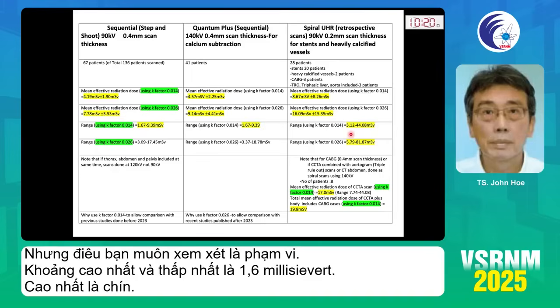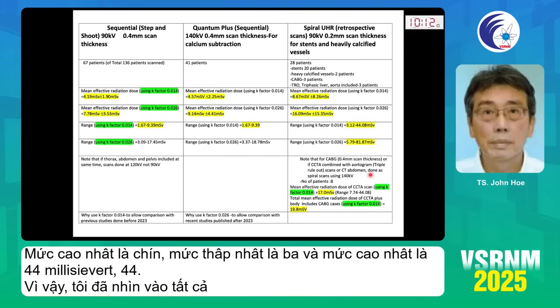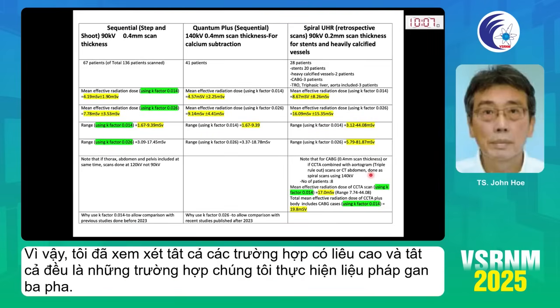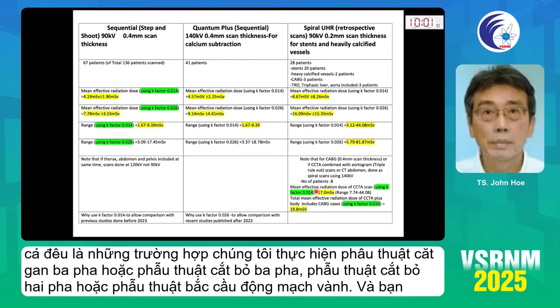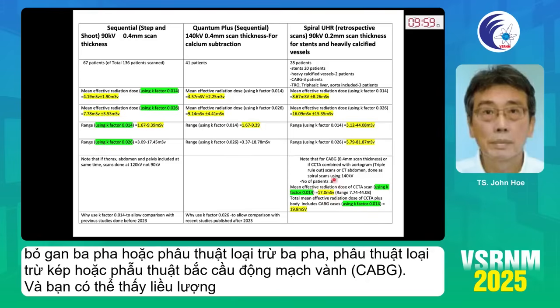Here, the lowest was 3, and the highest was 44 millisievert. 44. So I looked at all the cases that had high doses, and they were all cases where we did triphasic liver, or triple rule out, double rule out, or CABG, and you can see the dose is on average 17 millisievert.